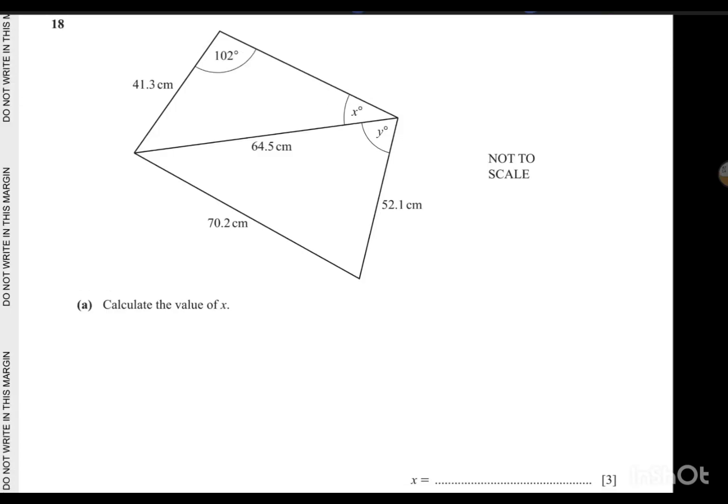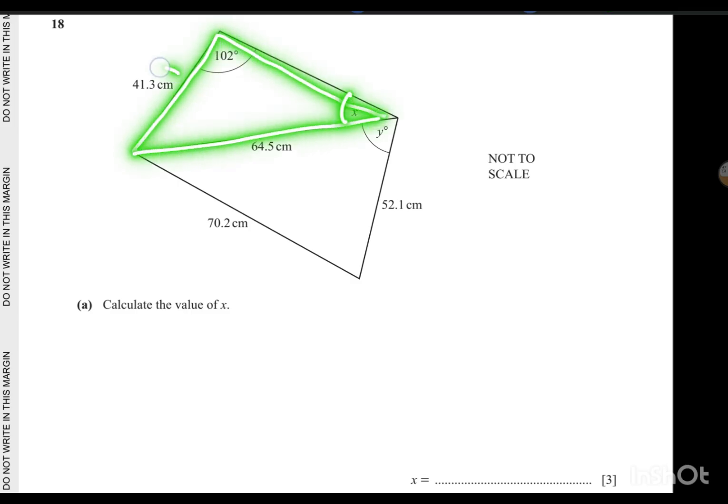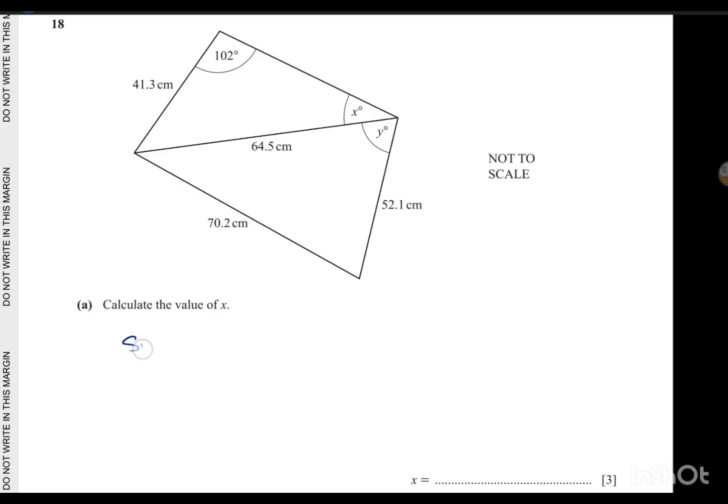Question number 18. There is a figure given here. Question A is calculate the value of x. We need to find this angle. So when you see this triangle here, this angle we need to find out, where you have two sides given and one angle is given. So we can use the sine rule here. So sine 102, the opposite side is 64.5, is equal to sine x, the opposite side is 41.3.